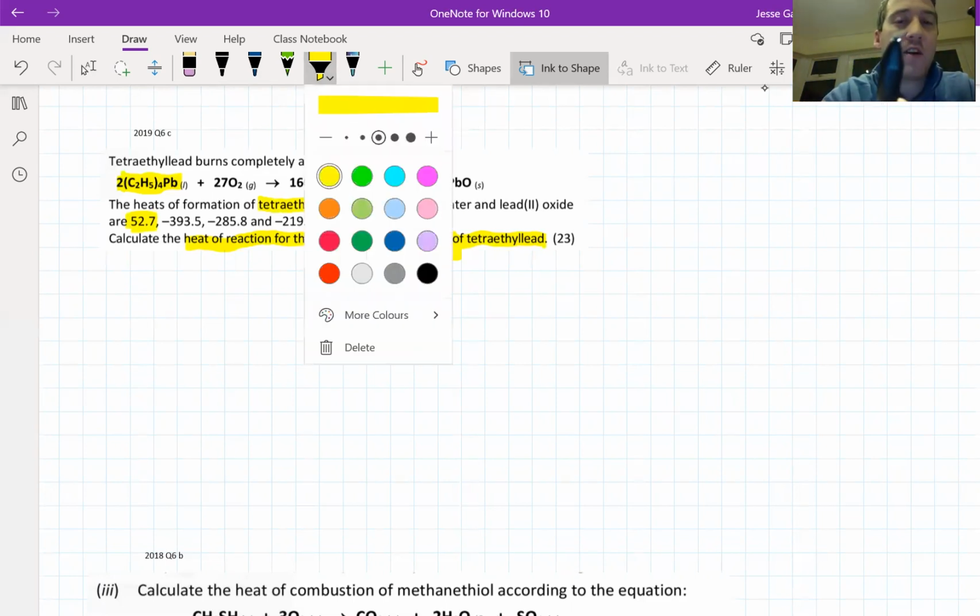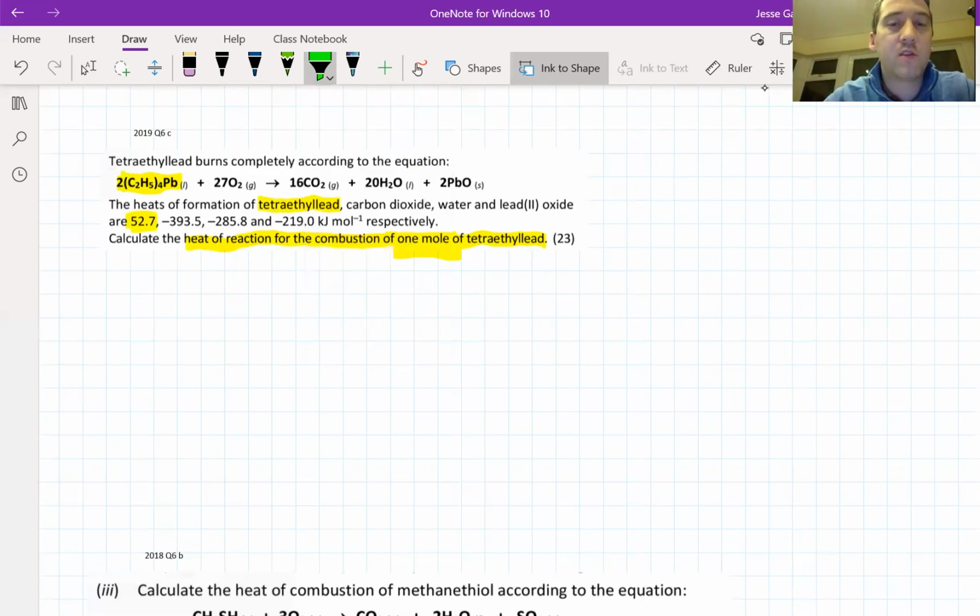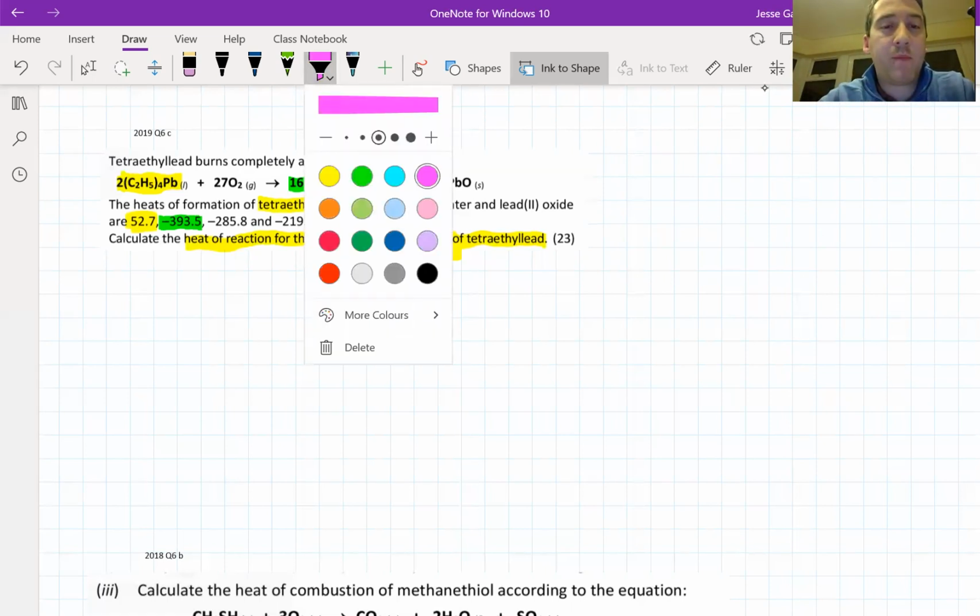In a different highlighter now, I'm going to do the next name. So the heat of formation of carbon dioxide is here. Let's find carbon dioxide in the equation. There it is in green. So I'm going to keep the same color system. And it's the second name in the list, which means it's going to be the second number here. You're getting the picture. That's what we're doing. Okay, let's go pink next.